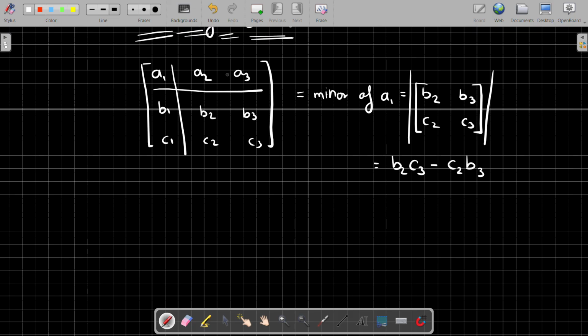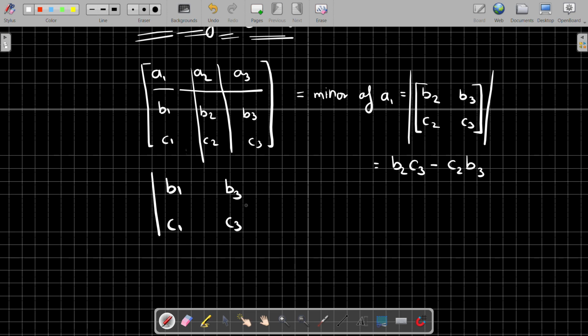In a similar fashion, you can write the minor of A2, the minor of A3. You'll have to delete different rows and different columns. So if I have to write the minor of, let's say, A2, I will delete the first row and the second column, and we'll take the determinant of B1, B3, C1, C3.